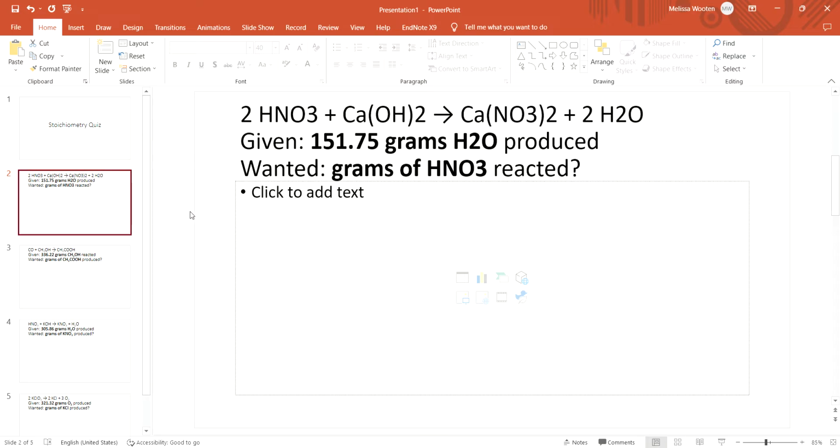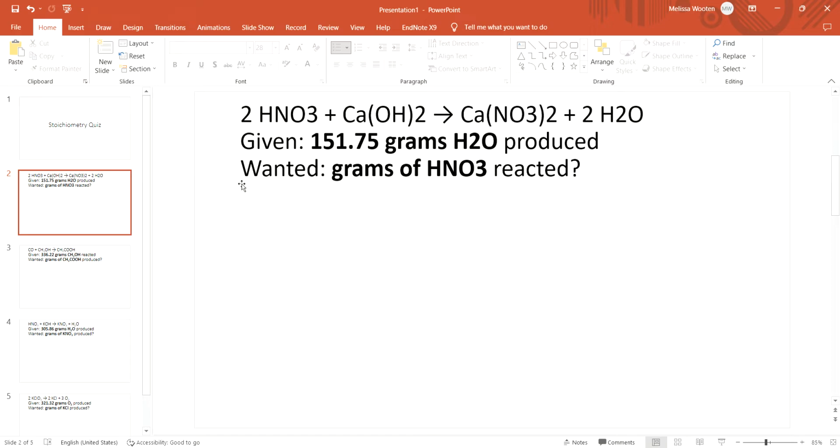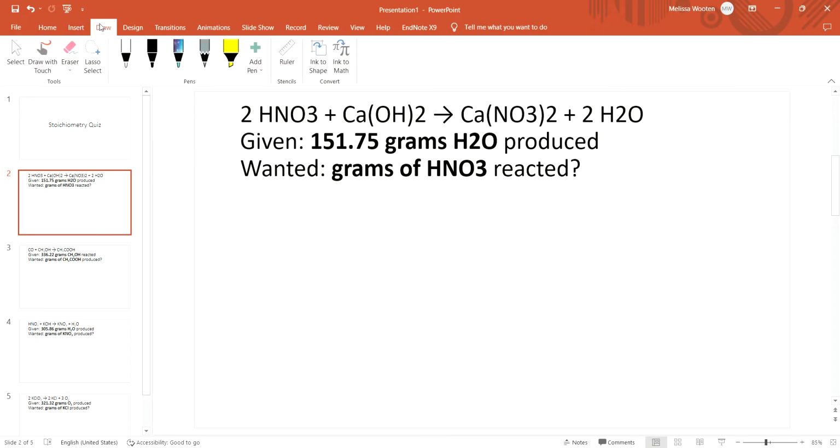If you're given 171.5 grams of water being produced, what grams of HNO3 were reacted to get that amount of water? Remember that this is all just one big conversion pretty much. And I was nice and went ahead and balanced your equation for you, so you don't have to worry about that part. You just have to worry about the calculations.